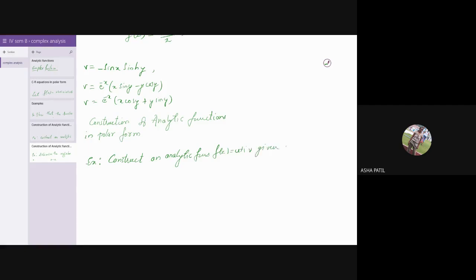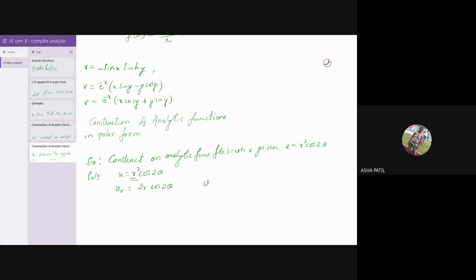Given u is equal to r square cos 2 theta. So here you should recognize that your u is given in terms of polar form. Now we'll differentiate this u with respect to r and with respect to theta. u r: cos 2 theta is held constant, derivative of r square is 2r.